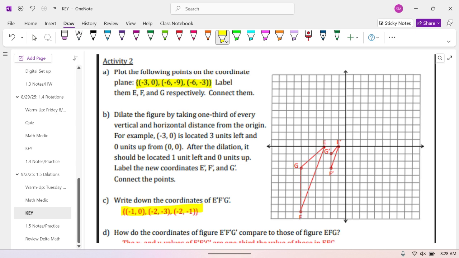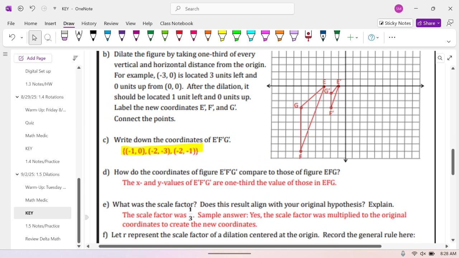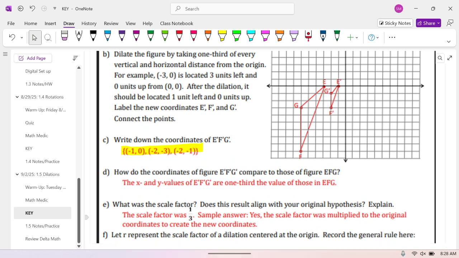We divide it by 3. Now, I want to say that in terms of multiplication. So if we're dividing by 3, that means we're multiplying by 1/3. All right. So our scale factor in this case would have been what? 1/3. All right.